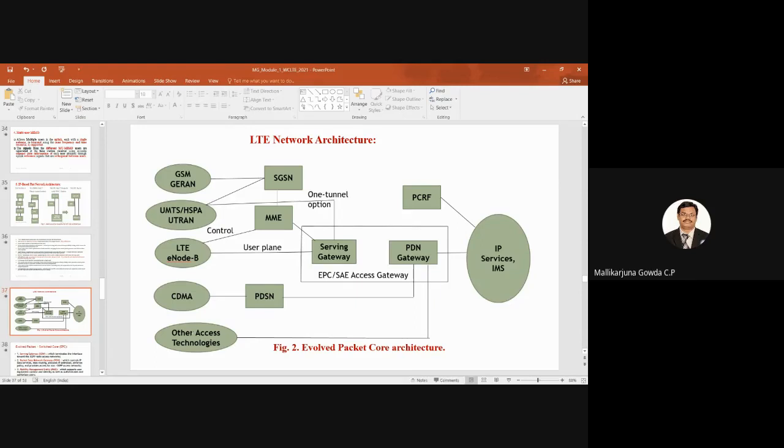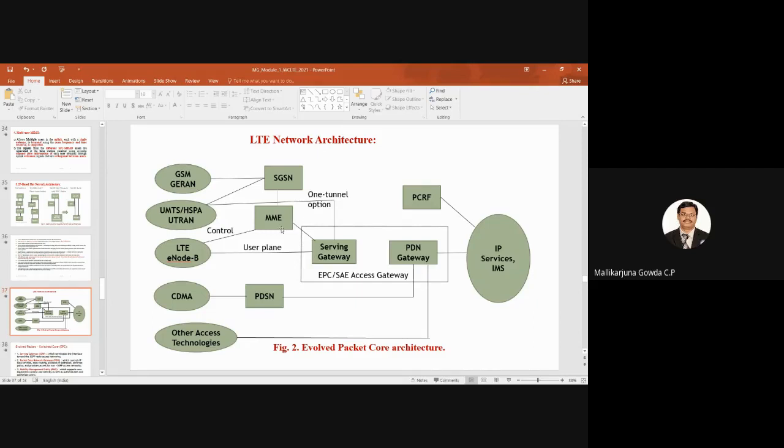Other access technologies like Wi-Fi, WiMAX and other things, they will be connected to the PDN gateway, the public data network gateway. So this is the LTE network architecture, what I wanted to say. Hope you got what are the different network elements of LTE.